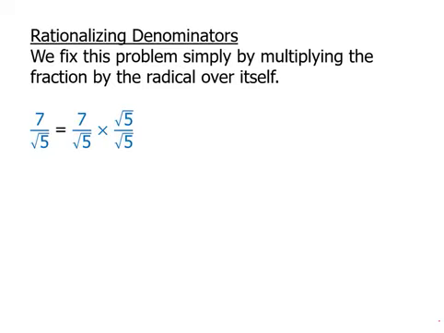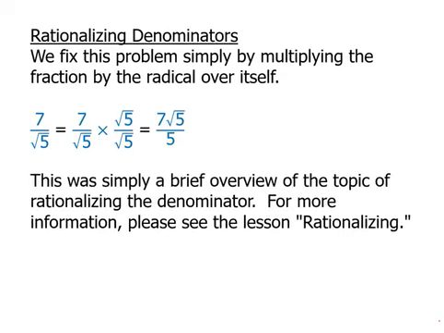We get root 5 times root 5. Well, by definition, the square root of 5 times itself equals 5. And in the numerator, I just get 7 times root 5. So 7 root 5 over 5, that is considered the proper way to write this, without a radical in the denominator.